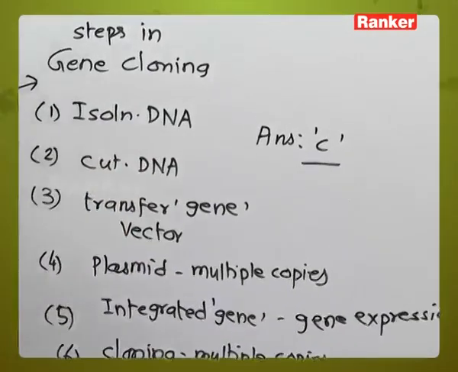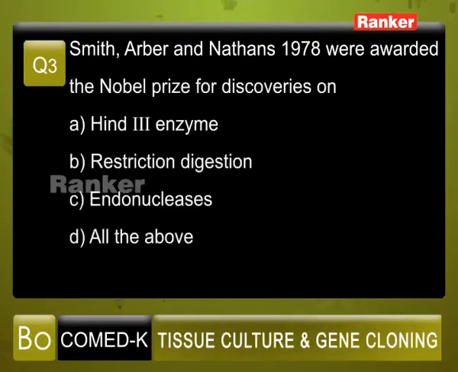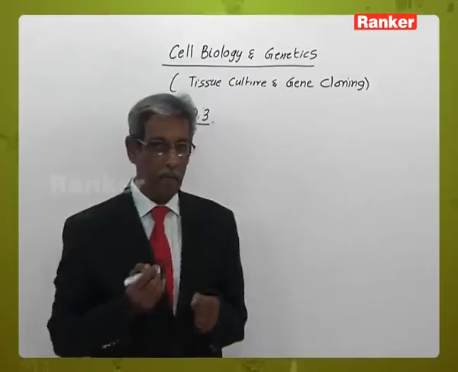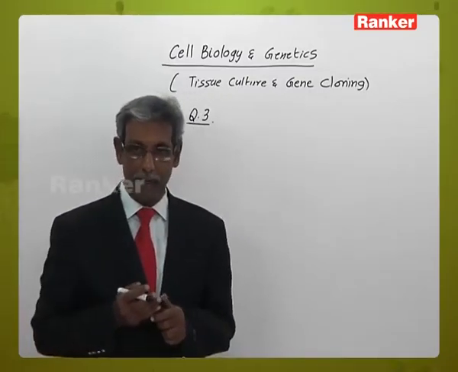Question number 3: Smith, Arber, Nathans, 1978 were awarded the Nobel Prize for discoveries on A, HindIII enzyme, B, restriction digestion, C, endonucleases, D, all the above. When you take 1978, there were 3 important scientists whose names were Smith, Arber and Nathans.